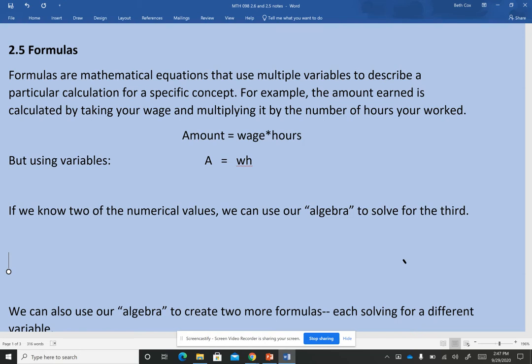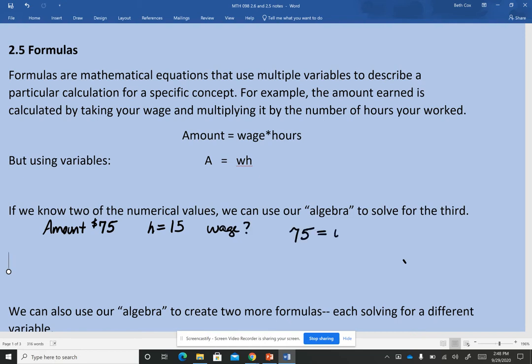So suppose that the amount you earned was, say, $75, and the hours you worked was, say, 15. We can use our algebra to figure out what our wage was.